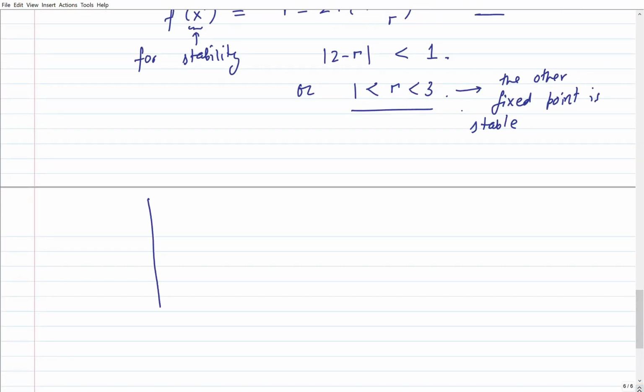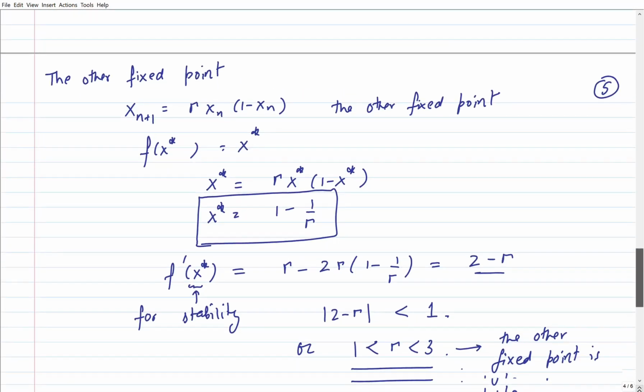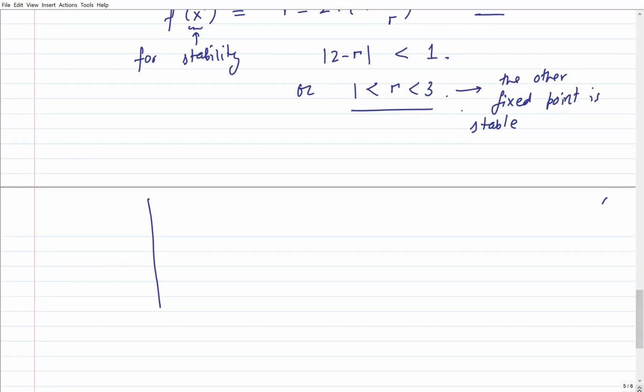We already saw that. This was R, this was the location of the fixed points.